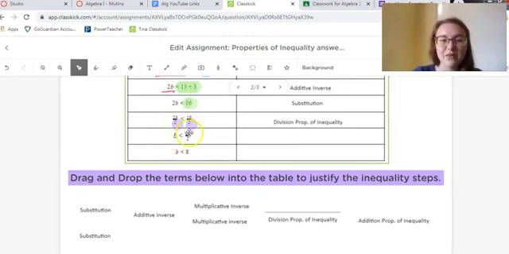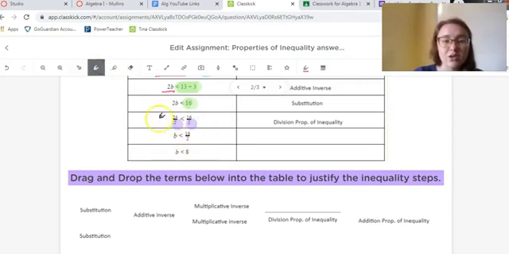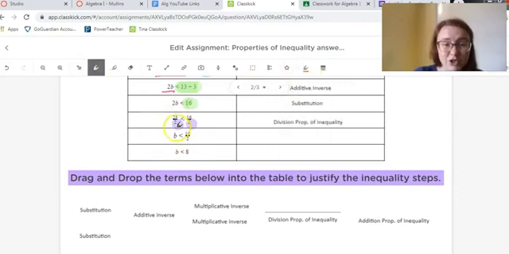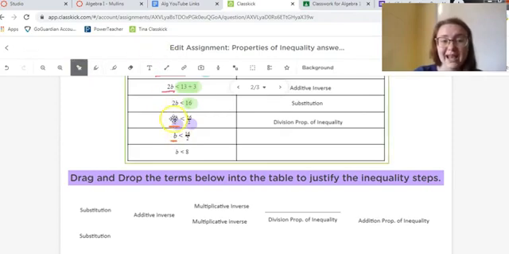Well, my 16 divided by 2 looks exactly the same. What changed is over here on the left-hand side. So on my left-hand side, I'll use a different color. My 2b divided by 2 just turned into b. So what happened? The 2's canceled out.